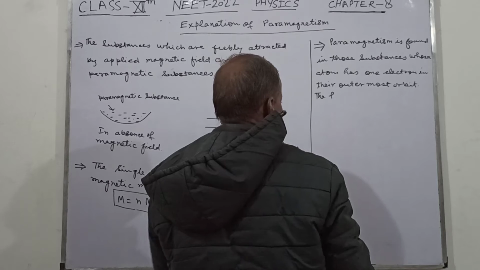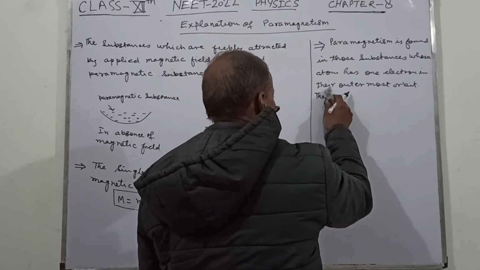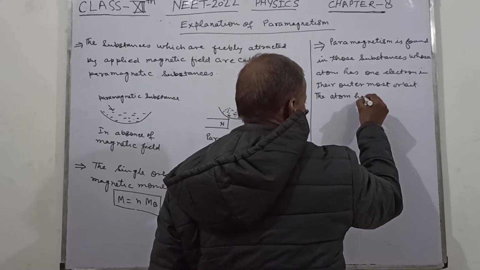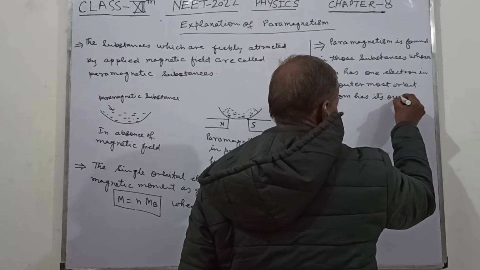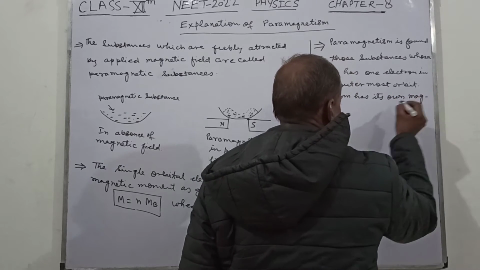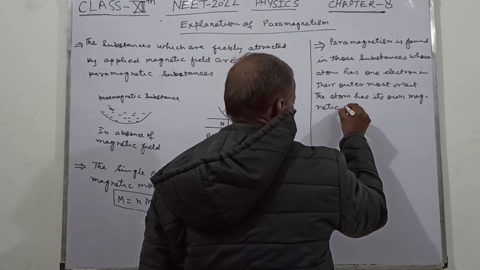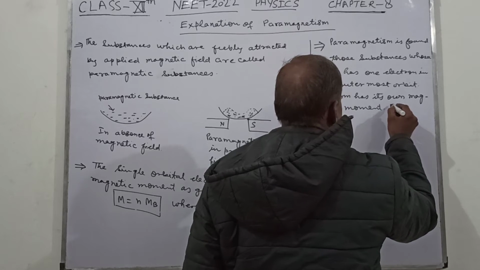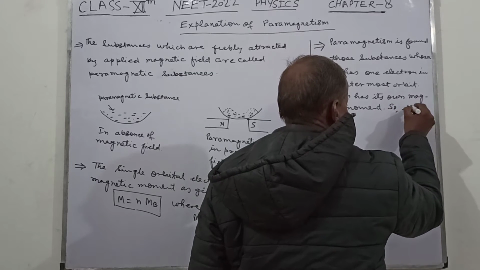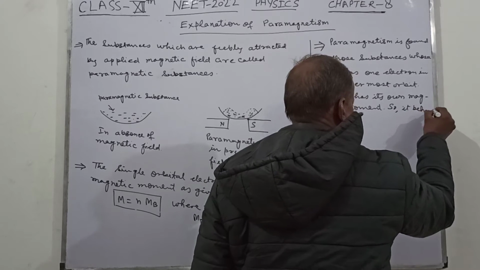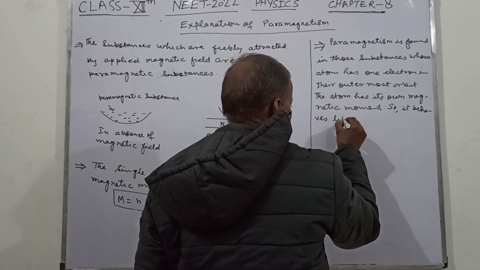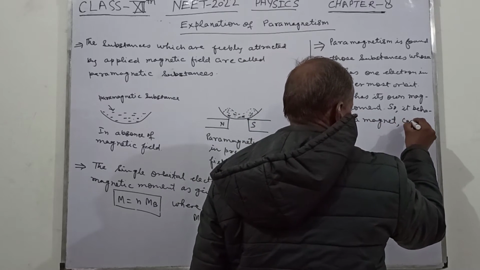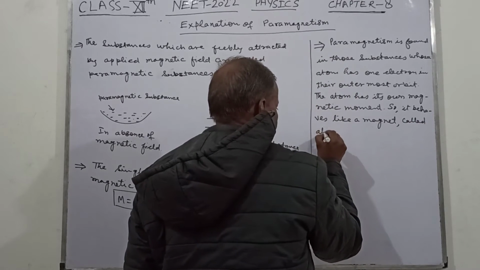The atom has its own magnetic moment, so it behaves like a magnet called atomic magnet.